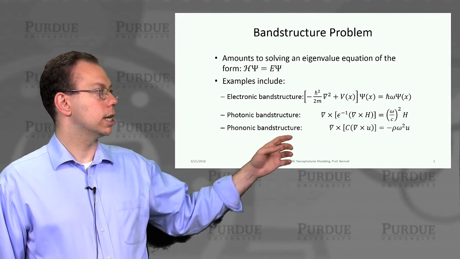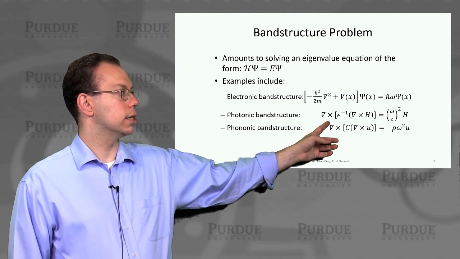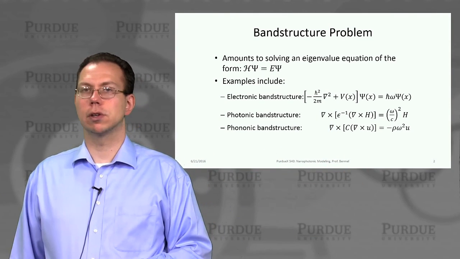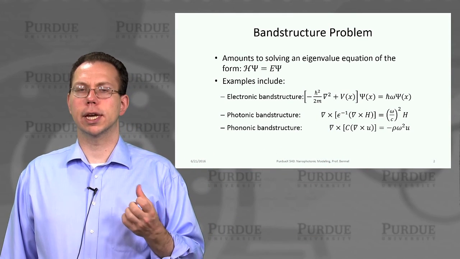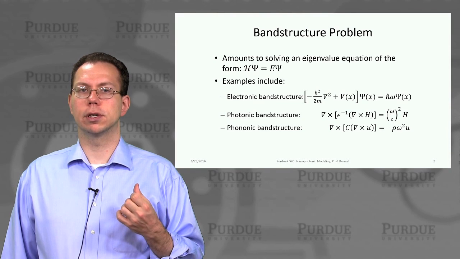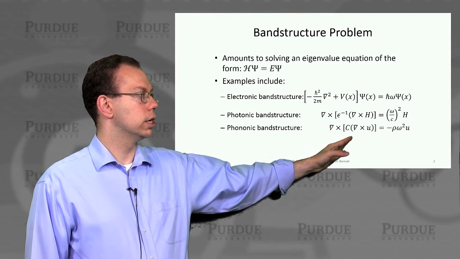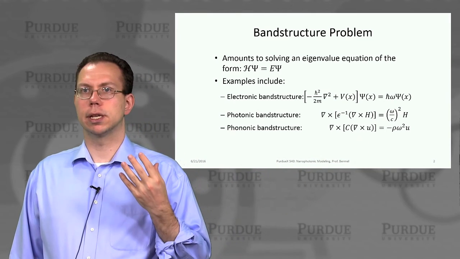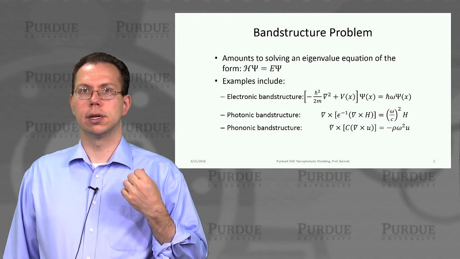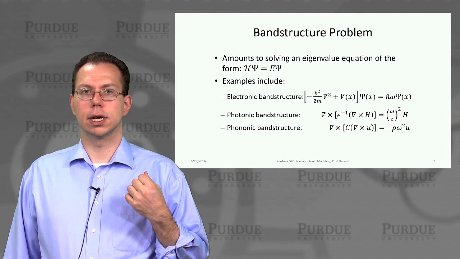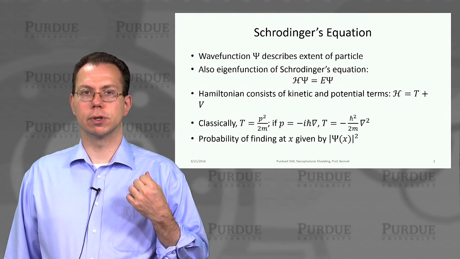And then you have a photonic band structure, which is basically given by combining Maxwell's equations. So this is almost like, but slightly different than, the Helmholtz equation. And then you have the so-called phononic band structure, which describes quanta of heat that would propagate in any kind of solid material, for example.